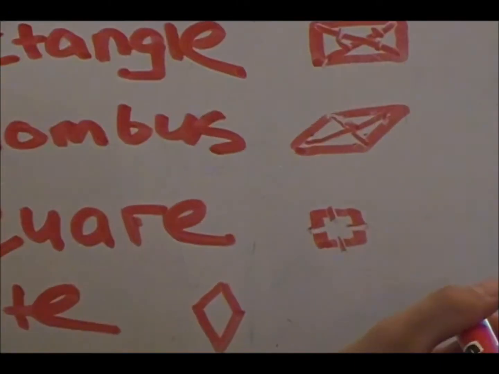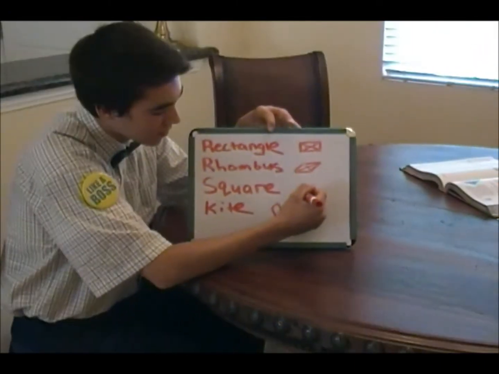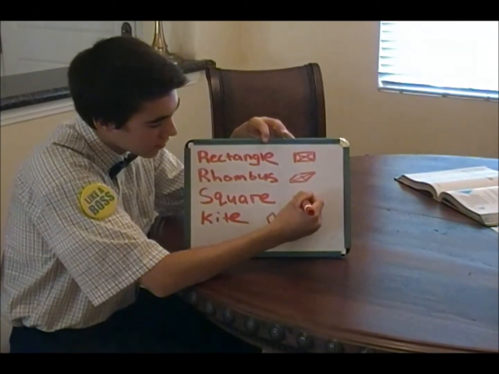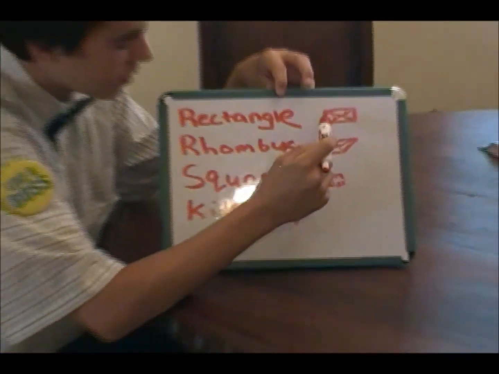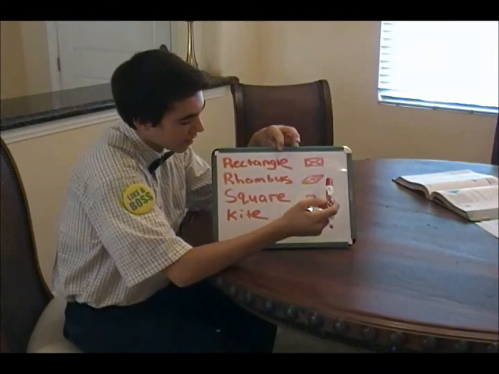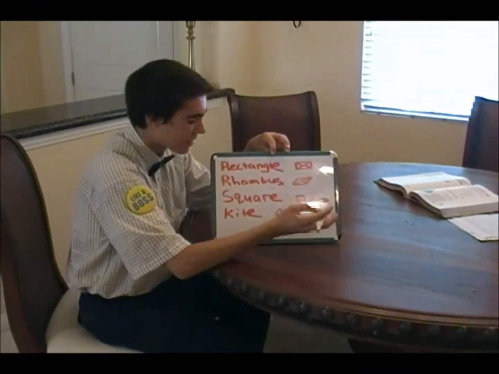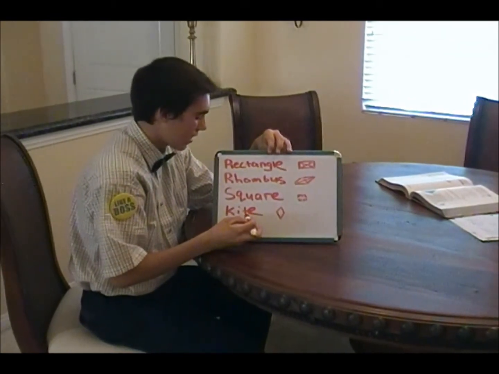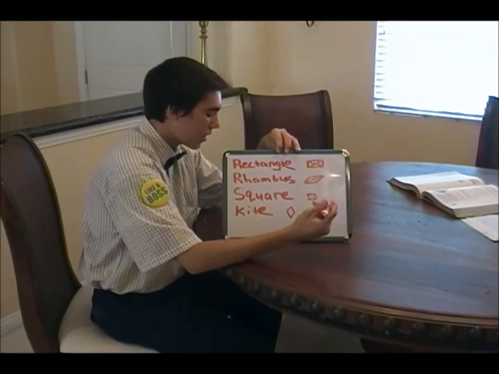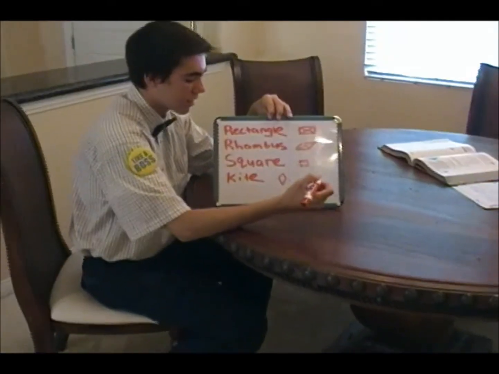And then it has 4 right angles. As you can see, just like the rectangle, it has 4 right angles, and just like the rhombus, it has 4 congruent sides.